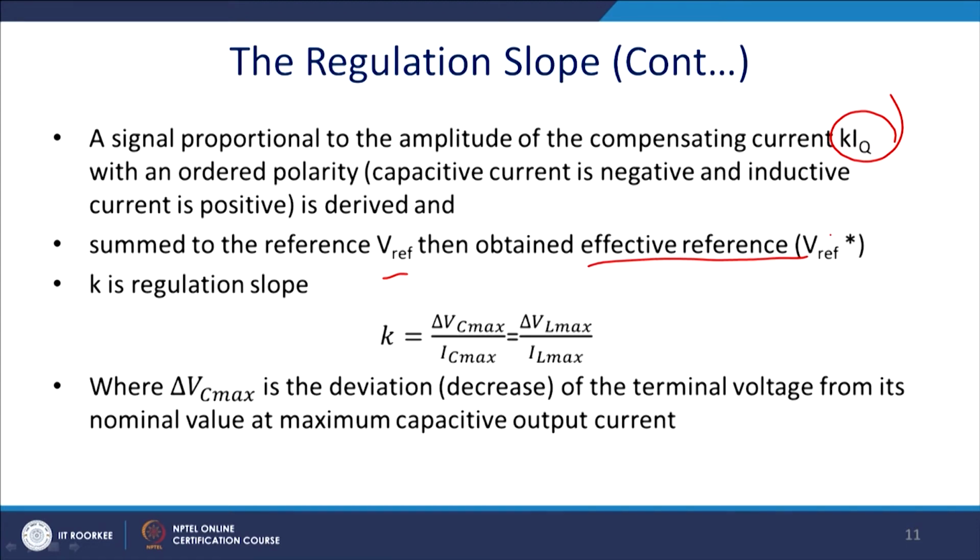Here k is the regulating slope, where k is given by del Vc max by IC max or del Vl max by IL max, depending on whether you have capacitive or inductive compensation, where del Vc max is the deviation or decrease in the terminal voltage from its nominal value at the maximum capacitive current.